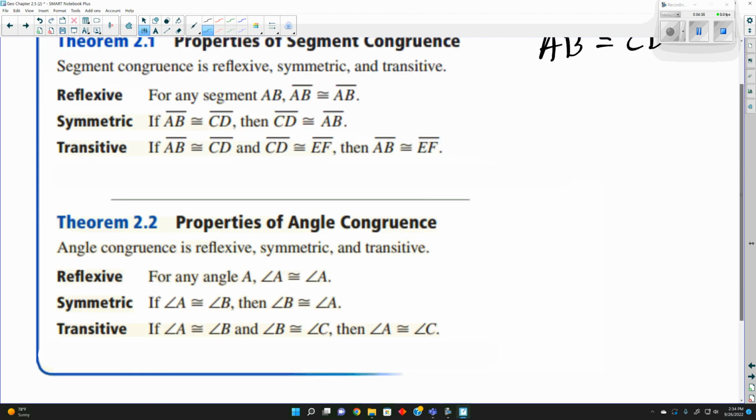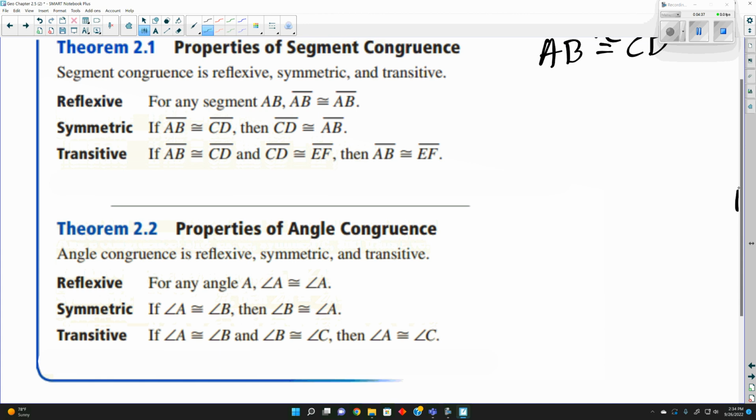We can say the same thing with angles. Reflexive: for any angle A, angle A is congruent to angle A. Symmetric property with angles: if angle A is congruent to angle B, then angle B is congruent to angle A. And transitive: if angle A is congruent to angle B and angle B is congruent to angle C, then angle A is congruent to angle C. That's our transitive property of angle congruence.